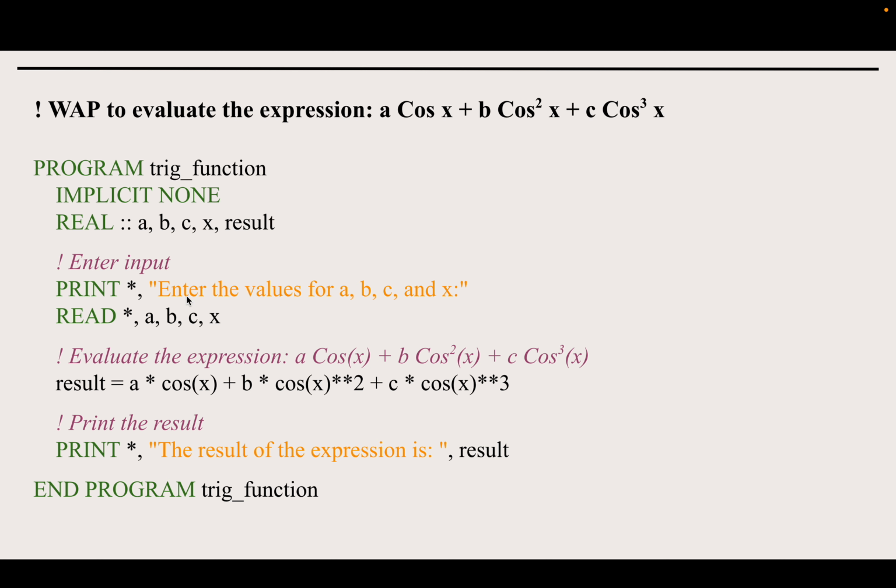So here we want to enter those numbers a, b, c and x, and the result we want to define as this expression, a cos x plus b cos square x plus c cos cube x. So next we want to print the result. So this is how we can write our simple code while evaluating some expressions using the mathematical functions.